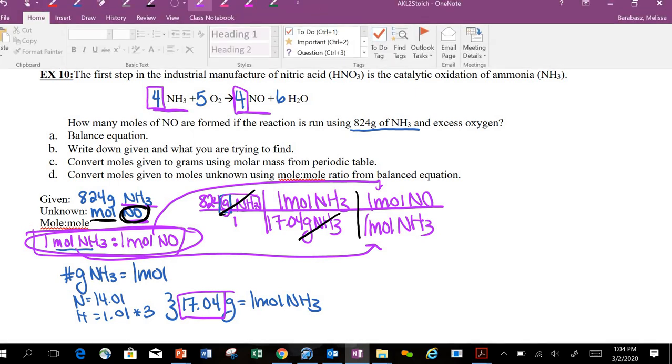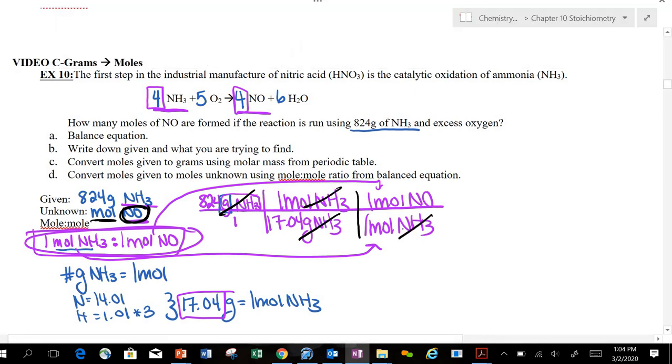Now looking at all of our units and what cancels out, moles of NH3 are gone, grams of NH3 are gone. So we're finished and we just go through and calculate it out. Our answer needs to have 3 sig figs since our given does, which would be 48.4 moles of NO.